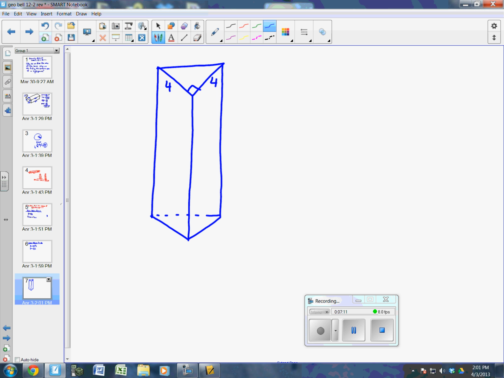And let's say the height of this is 20 feet. That's 4 feet, 4 feet, right? Do I have enough information to find the volume of that? Okay, according to the formula, what am I going to find first? The area of the base. What shape is the base? Okay, so everybody find the area of the base. Go ahead. I'm going to give you 15 seconds.